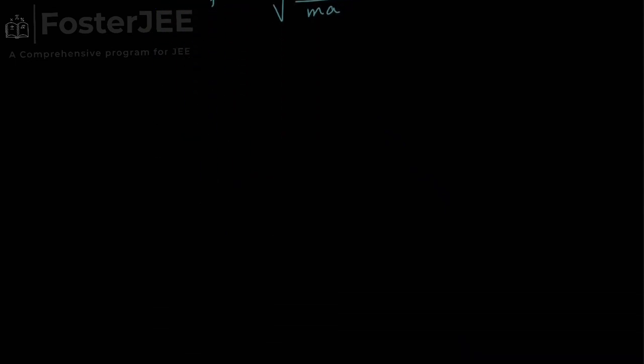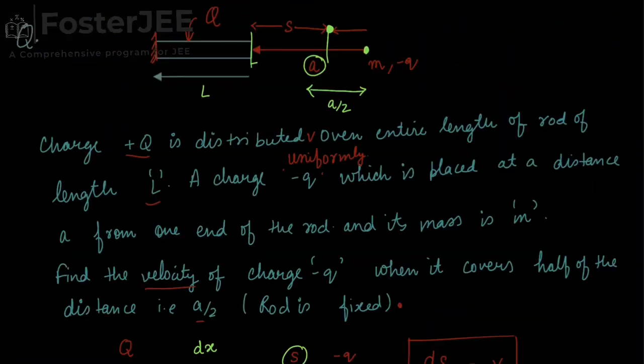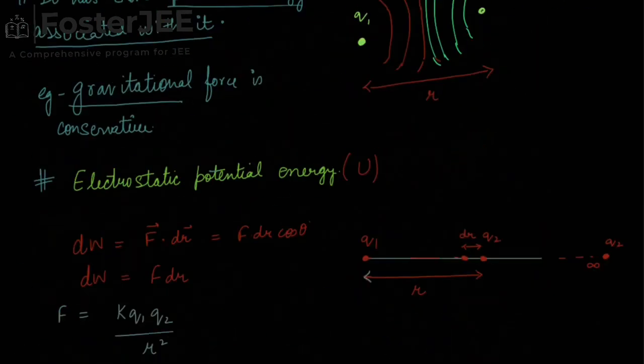Now, as discussed in the starting of the lecture, we discussed a problem, this problem. Let's see how we can easily do it with the help of potential energy. The question was, there's a rod which is fixed, and here we have a point charge.